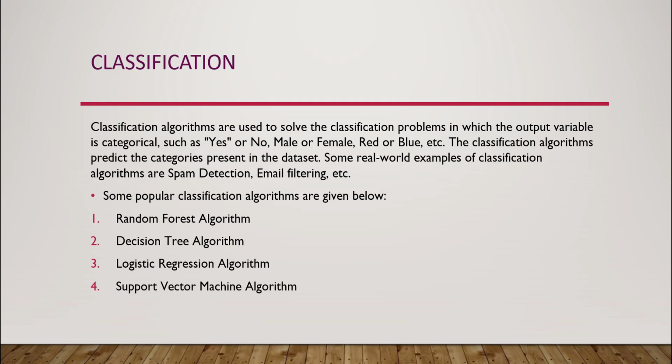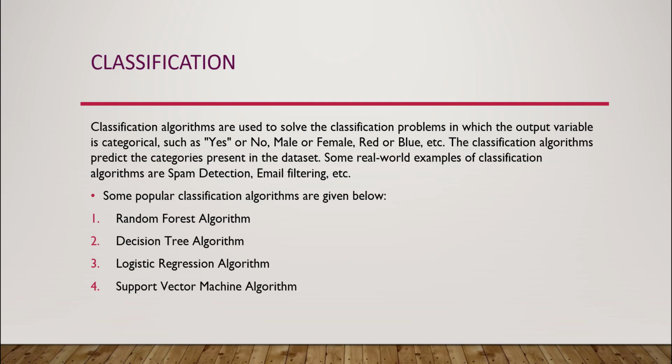So if you're classifying males and females according to their facial features, then you will be doing binary classification, because you have two classes. The first one is the male and the second one is the female class. And the most popular algorithms that we mostly use are random forest, decision tree, logistic regression, and support vector machine.